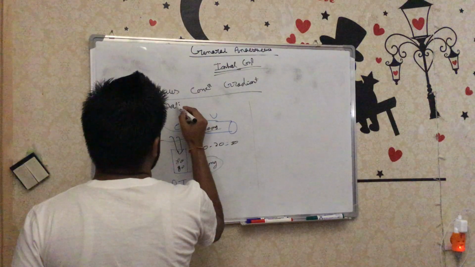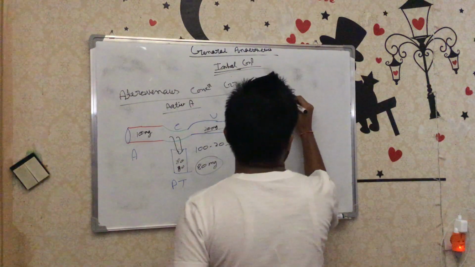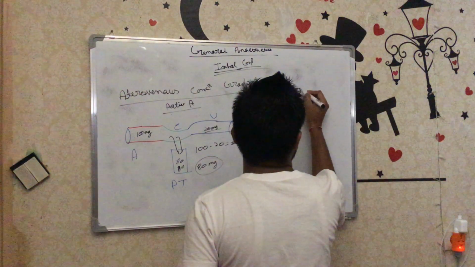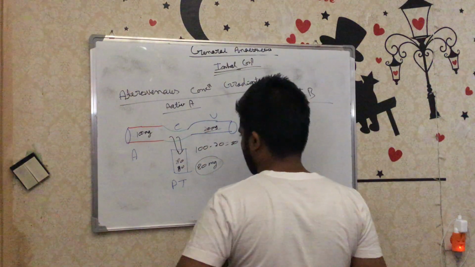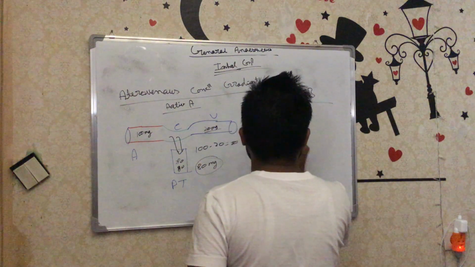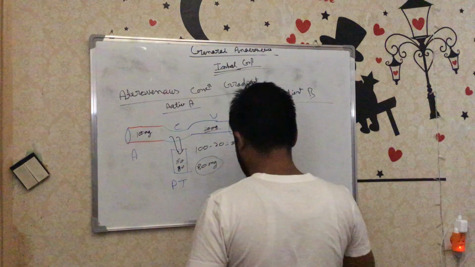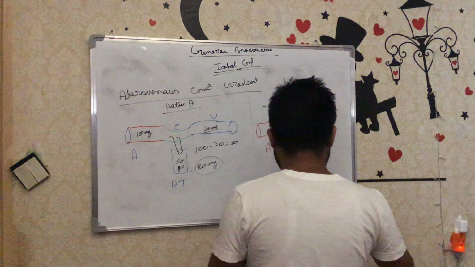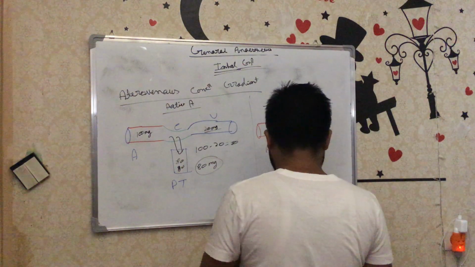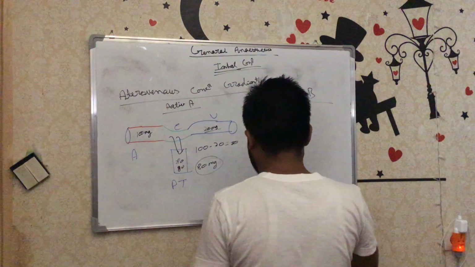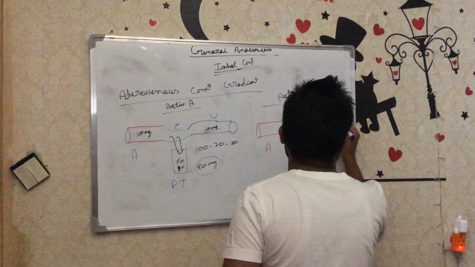Let's say patient B. The same diagram is drawn: artery, capillary, and then vein.